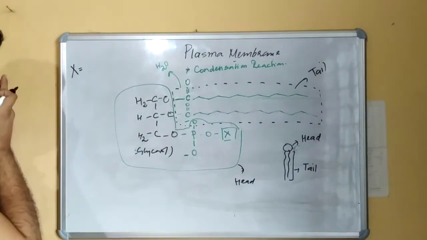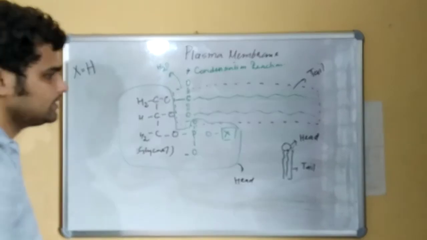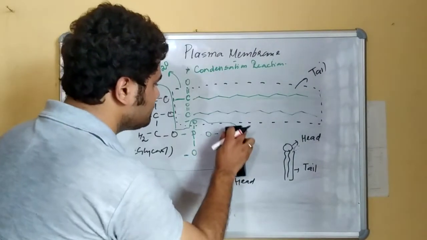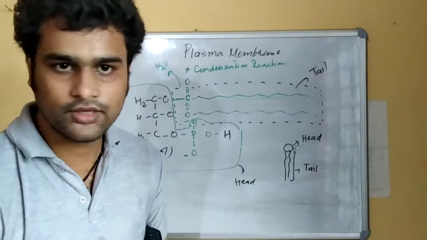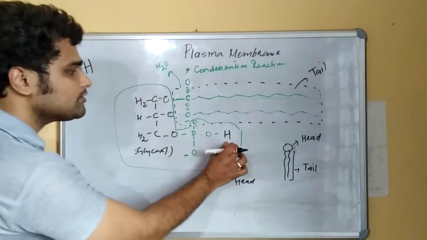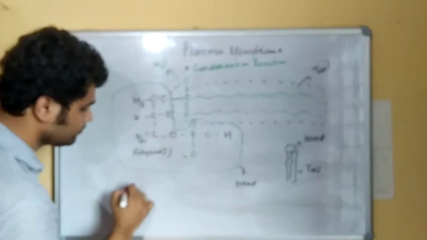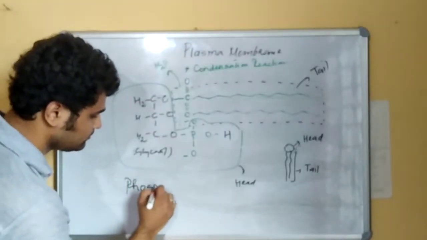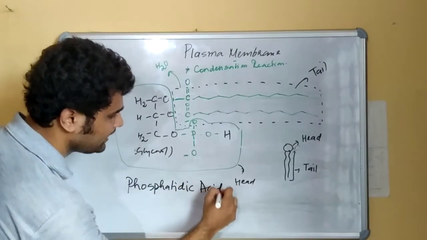So, for example, if X is H, it means that in place of this X, I'm going to write simply hydrogen. If in place of X we have H, then the name of this entire molecule will become phosphatidic acid.